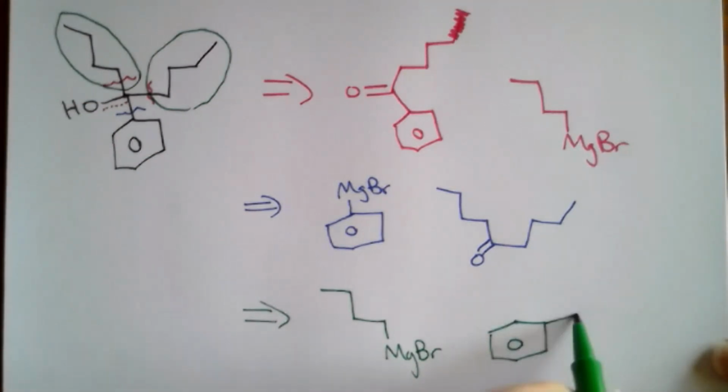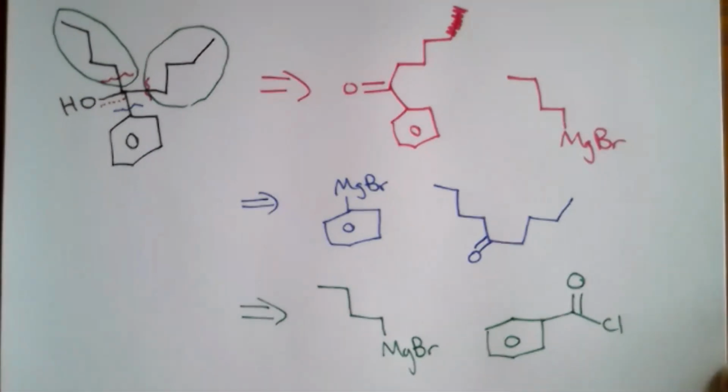The leaving group could be an acid chloride, it could be an ester, or it could be an amide, as long as the amide does not have an acidic hydrogen. But an acid chloride and ester are the 2 most common acid derivatives to make alcohols from. So noticing that there are 2 identical legs, it could be an acid derivative that has a leaving group.